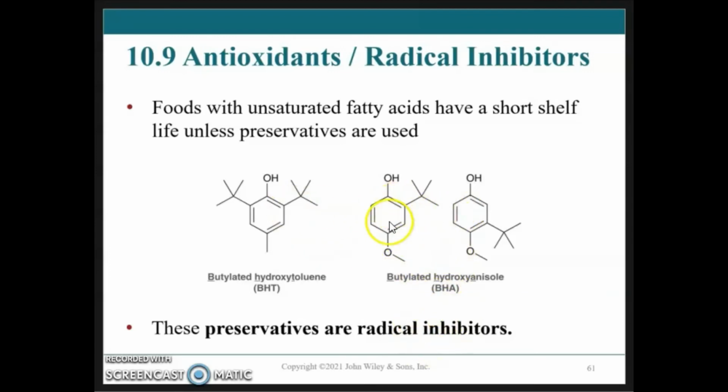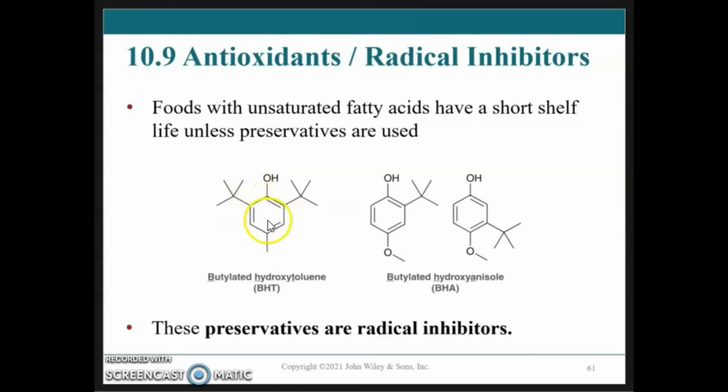And just something I'll mention, won't come up in our class, but if you look at the polarity of this structure, this is quite a non-polar molecule. So this is quite fat soluble, soluble in organic solvents.